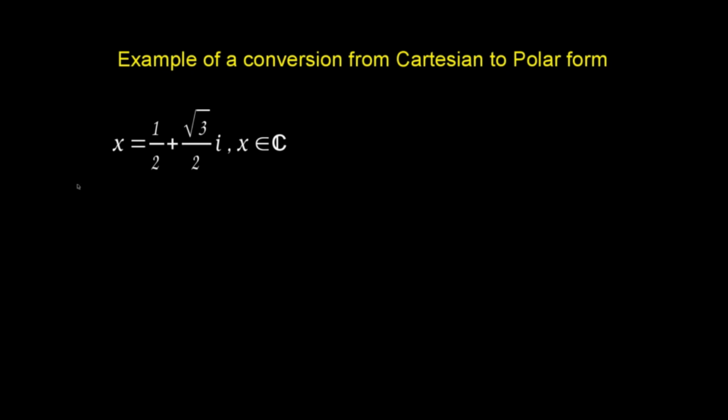If we want to convert this complex number from the Cartesian form to the polar form, again we can use the Argand diagram to understand it better. We have here our complex number, which is defined by these two points, 1 divided by 2 and the square root of 3 divided by 2, the real part and the imaginary part of our complex number, and we have this vector.